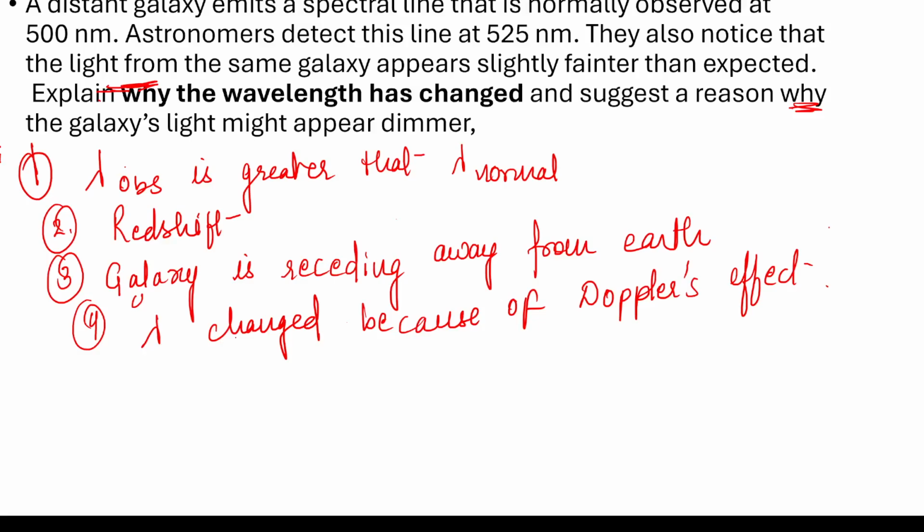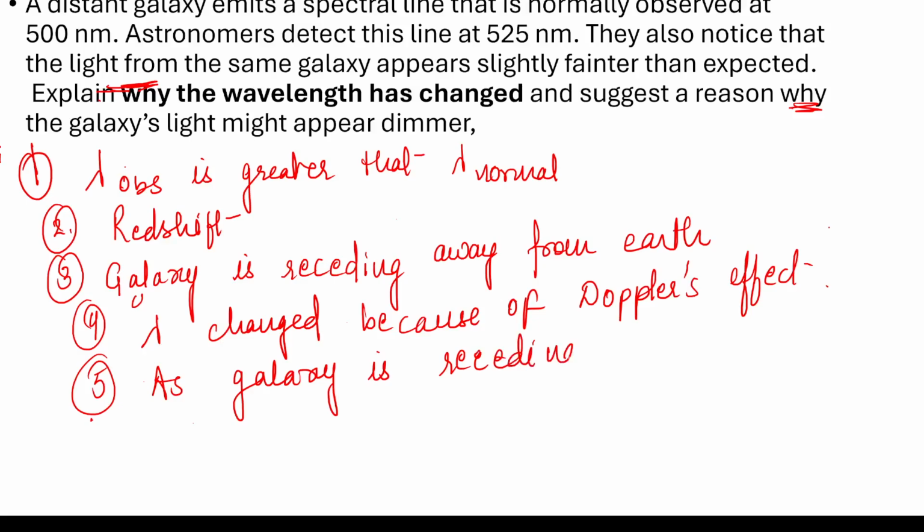Now, why the galaxy's light might appear dimmer. It seems so obvious, but you just need to write that because the galaxy is receding away, the light spreads in a larger space.